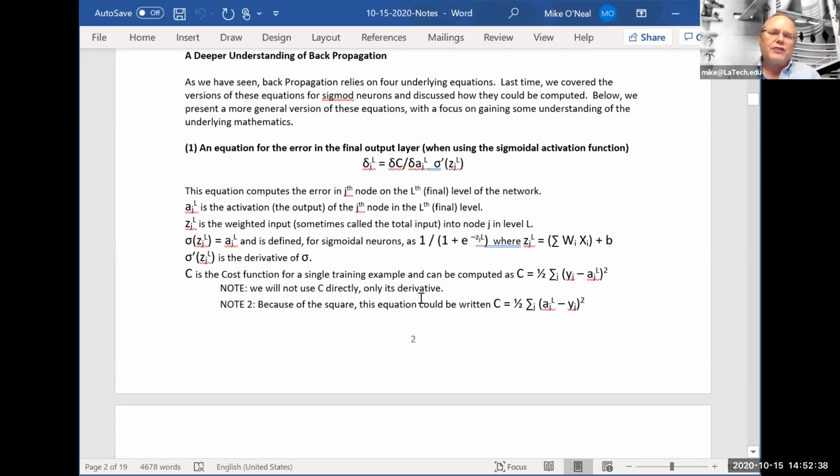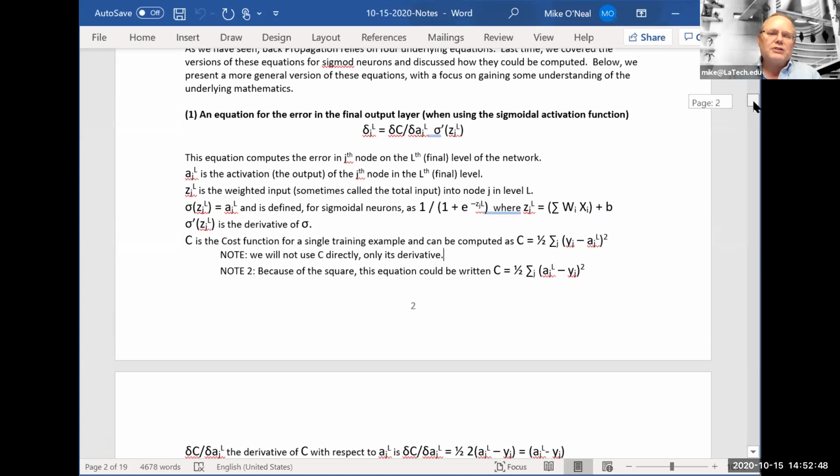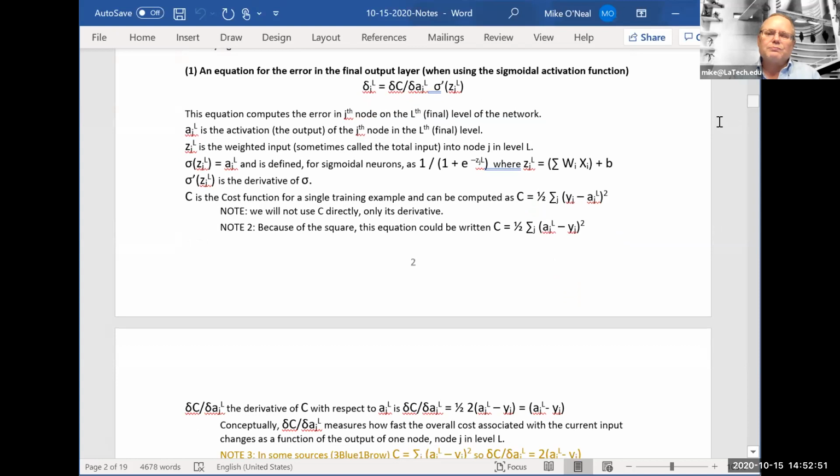We're going to take the derivative of that cost function. Because of the square, the equation can be written either with the y first followed by the a, or the a first followed by the y. Now, what happens when we take the derivative of that cost function with respect to the output a? So we're taking the derivative of this function with respect to a. And what happens is the 2 comes down in front, right? And the exponent gets reduced by 1, so it goes from a 2 to a 1, and the exponent goes away.